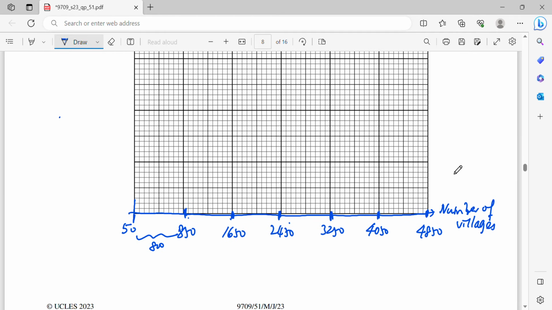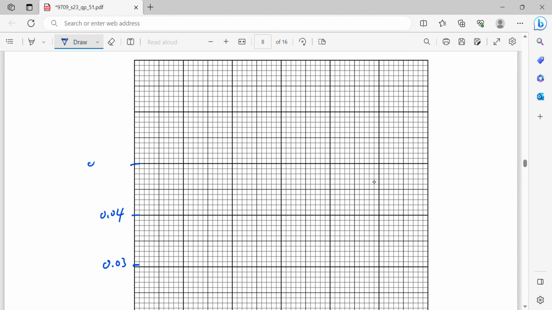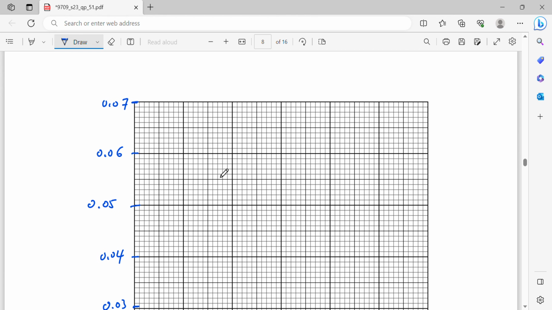Okay, so now the easiest is I just let this be 0.01, then here 0.02, then 0.03, 0.04, 0.05, 0.06, and then here is going to be 0.07. Then this will be frequency density.